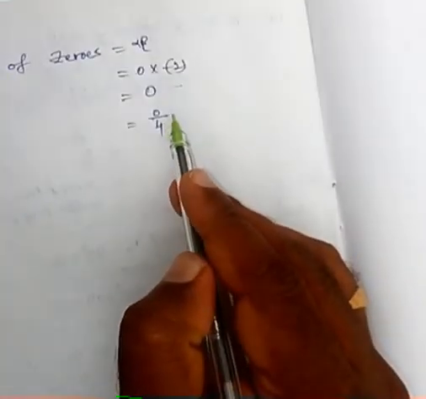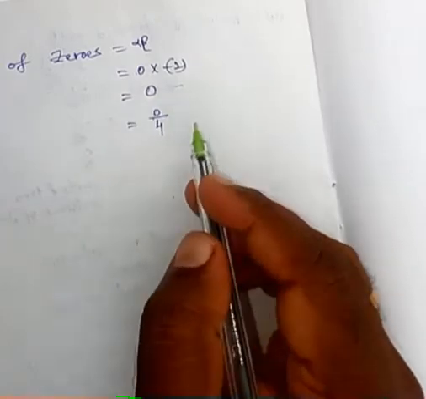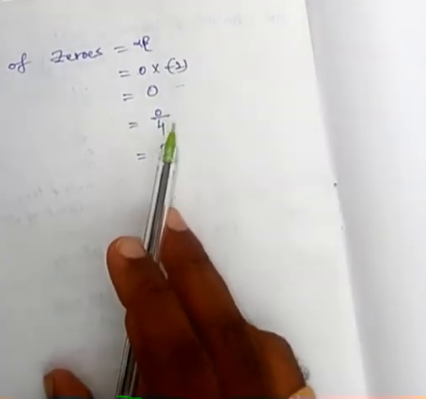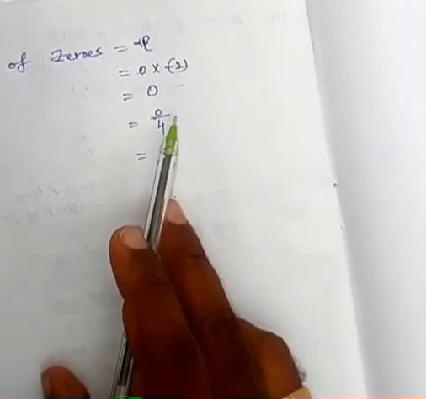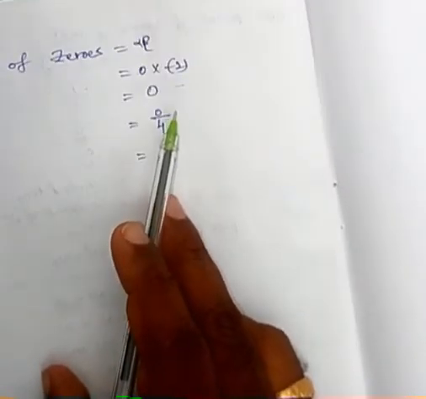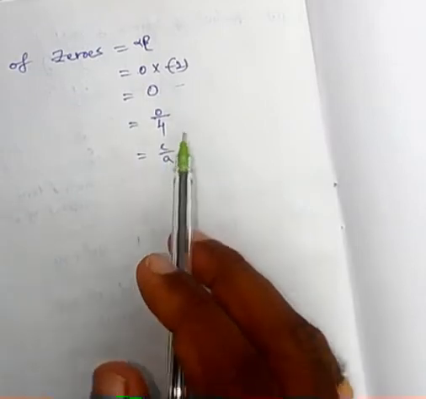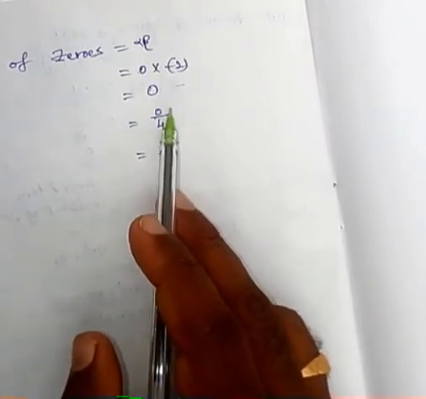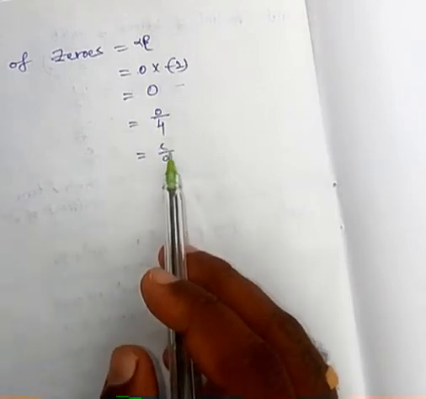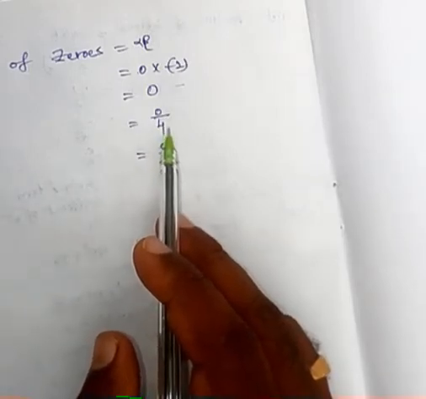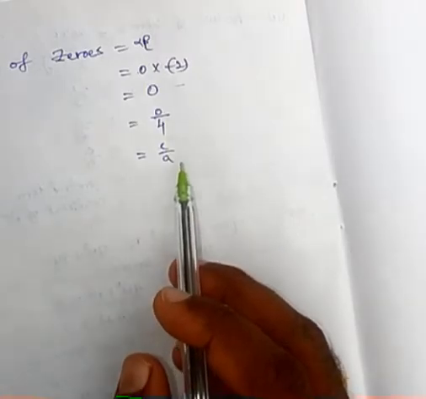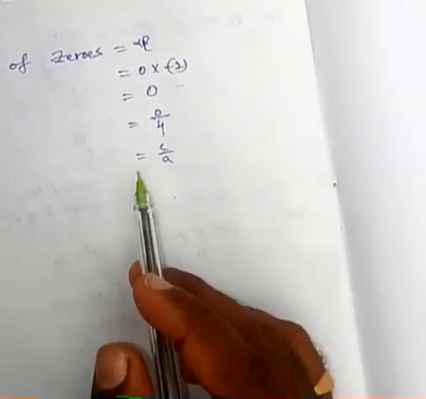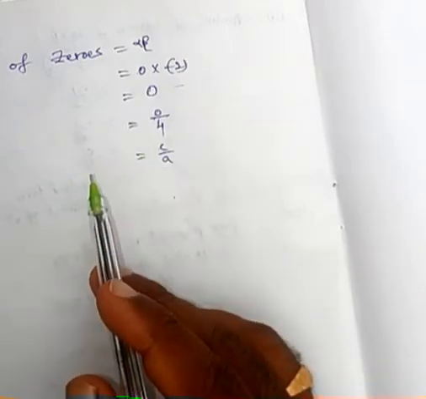If you simplify 0 by 4, you can get 0. Here a equal to 4, that's why in the place of 4 we can write a. So product of zeros alpha beta equal to c by a, hence the second relation also verified.